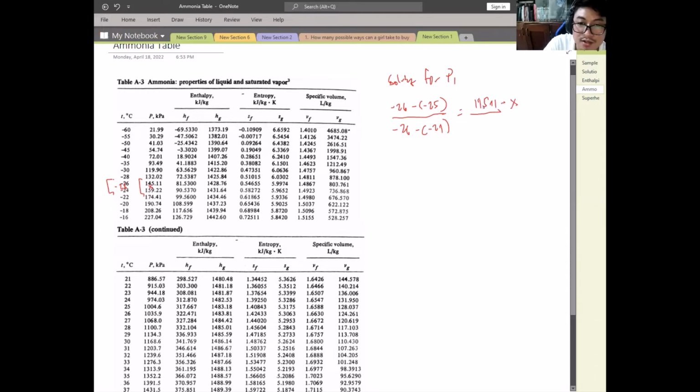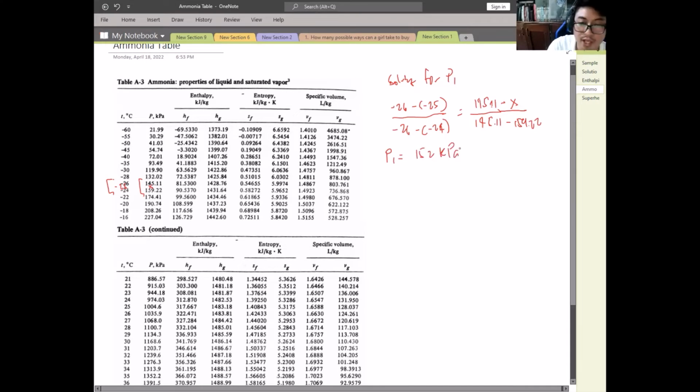Then negative 26, katapat niya is 145.11, minus katapat ni negative 24 is si 159.22. So by using your calculator, shift solve, our x, yung ating pressure 1, is 152 kPa.